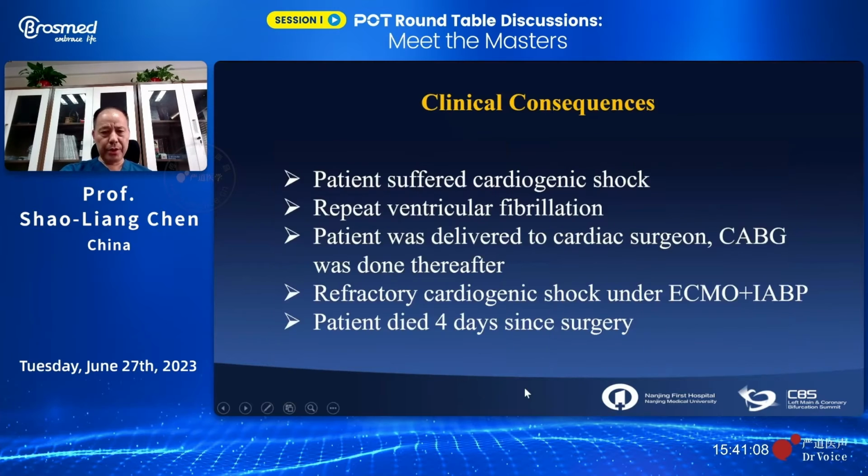Because the patient suffered cardiogenic shock with repeated ventricular fibrillation, the patient was sent to the cardiac surgeon for urgent CABG. But after CABG, the patient still had refractory cardiogenic shock, even with treatment of ECMO plus IABP. Unfortunately, the patient died 4 days after surgery.